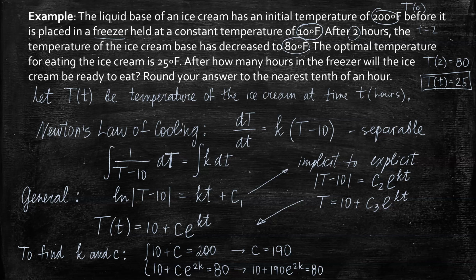And use our knowledge of algebra and solve this differential equation by isolating k. So e to the power 2k will be equal to 7 over 19, and 2k will be equal to ln of 7 over 19, and k will be equal to 1/2 of ln of 7 over 19.